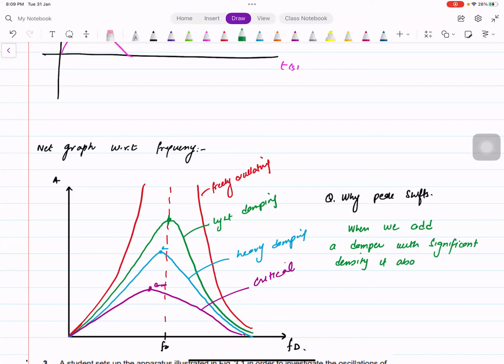It also causes the natural frequency to change. Thus, the peak shifts.